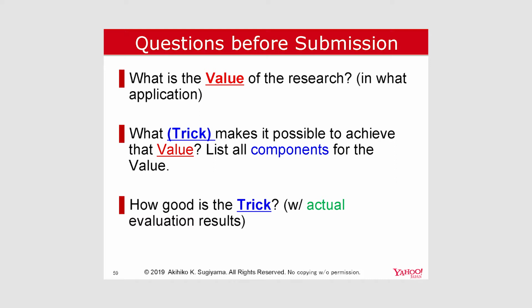That means always show the evaluation. When you have performed the analysis, you are supposed to show the evaluation with some pseudo data or real data from the real world. Otherwise, you cannot prove that your analysis is correct.